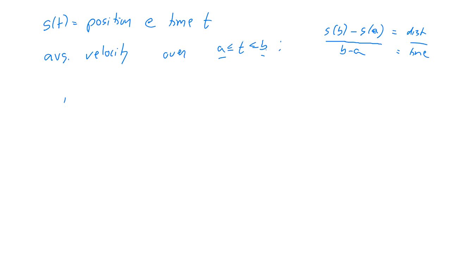The instantaneous velocity at time t equals c: to get instantaneous velocity, you take the derivative, and to figure out what the velocity is at time c, you plug in for t. So what this should remind you of is the mean value theorem.